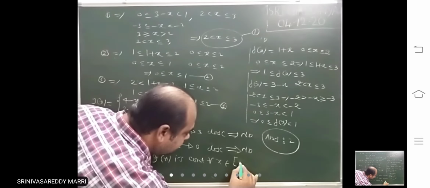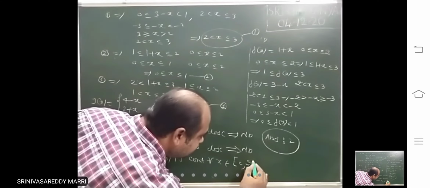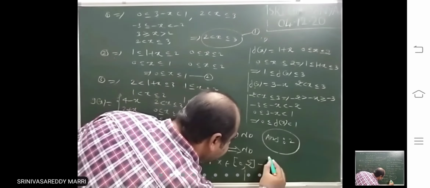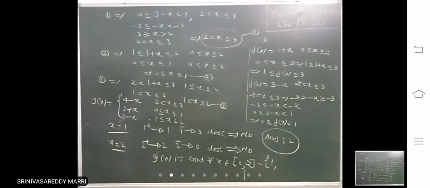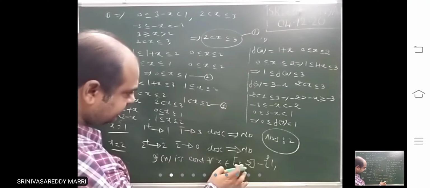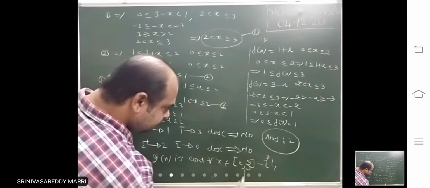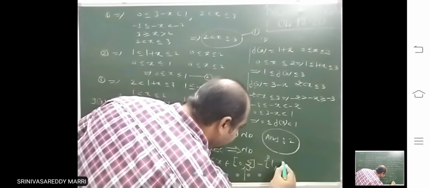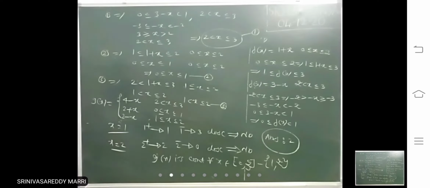For all x continuous in the interval 0 to 3 minus where it is discontinuous, 1, 2. Except at 1, 2 it will be continuous everywhere.